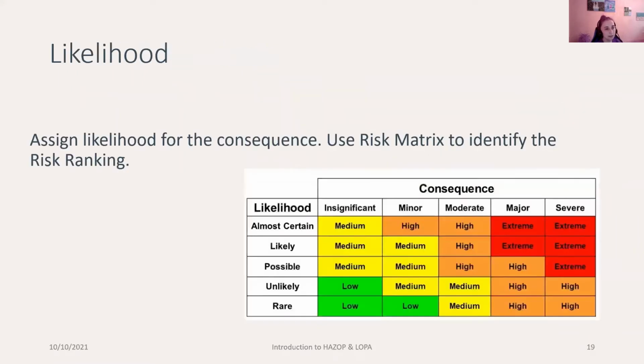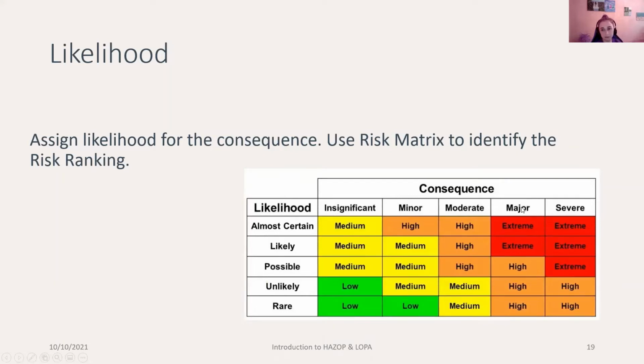After that, likelihood. This is an example of a risk ranking matrix, which is very generic and totally different from company to company. This is a very high level of understanding of it. Consequence: insignificant, that's what we said before, the severity of consequence.